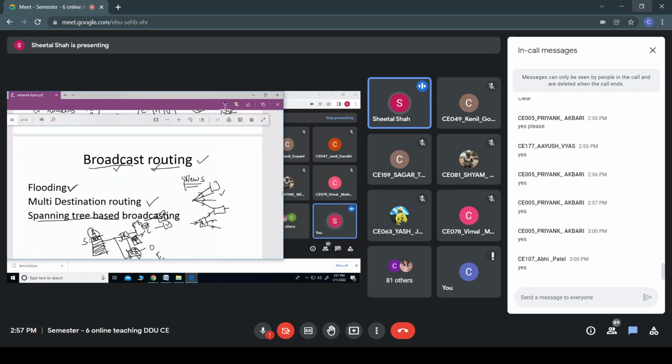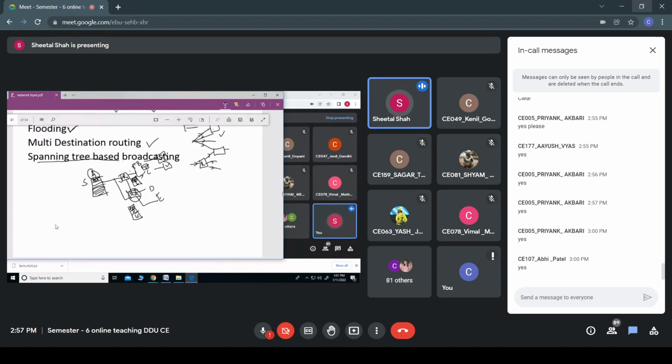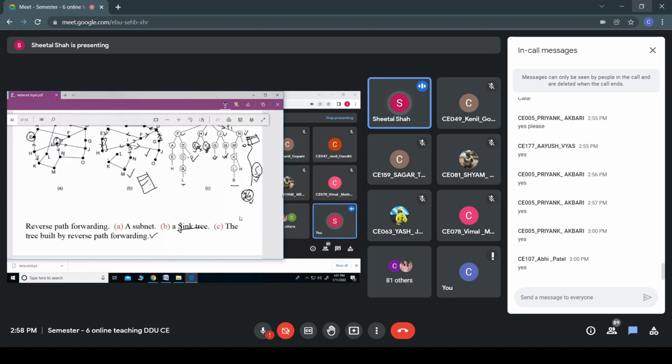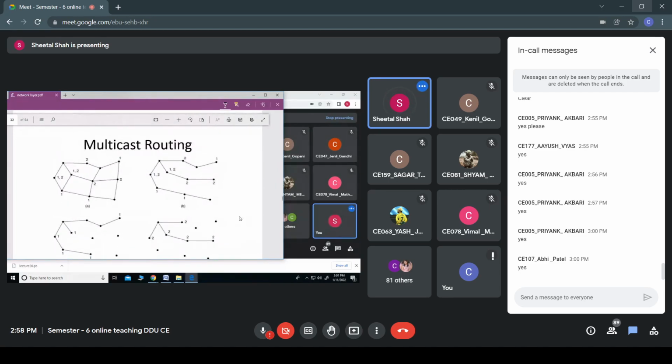That means a single packet would have the various addresses, and that would be forwarded based upon the outgoing link through which the destination can be reached. Then came spanning tree based broadcasting, which we have discussed with this example. Then came reverse path forwarding. So we have discussed this. And then we'll study about multicast routing.